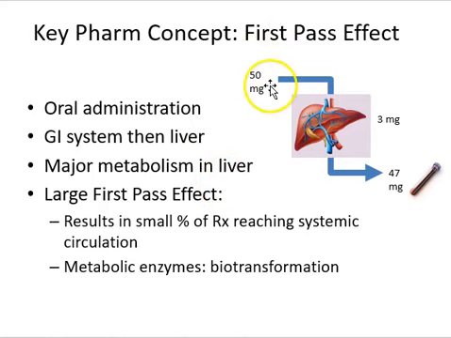Here's a 50 milligram tablet that the patient swallows, and if we were to assay the blood after some time, we're not going to see 50 milligrams of this drug in the blood completely. We'll see a slight reduction of it. This is standard for most of the drugs that we take orally, right?